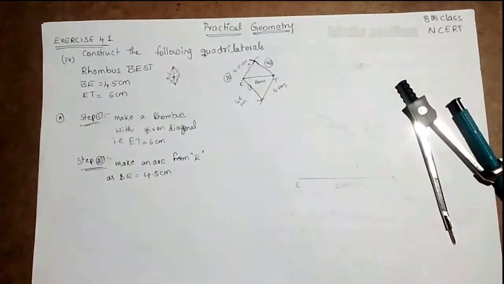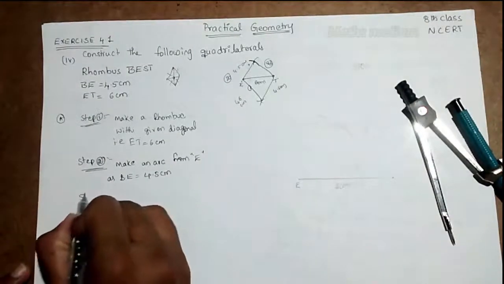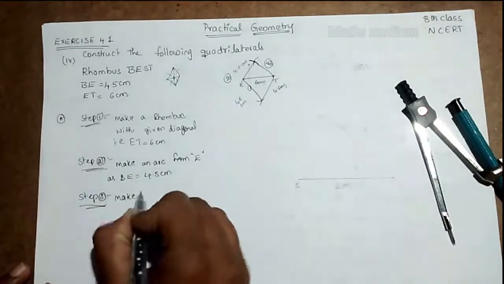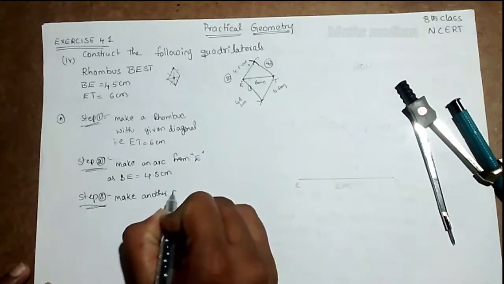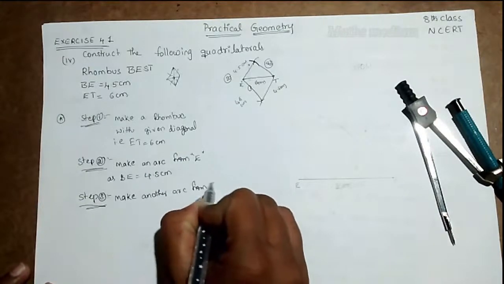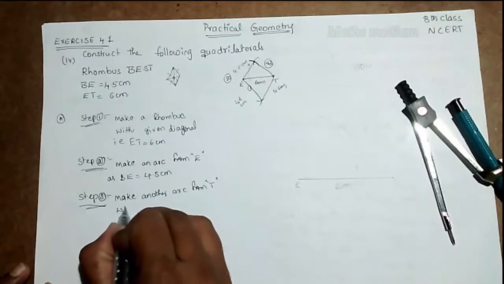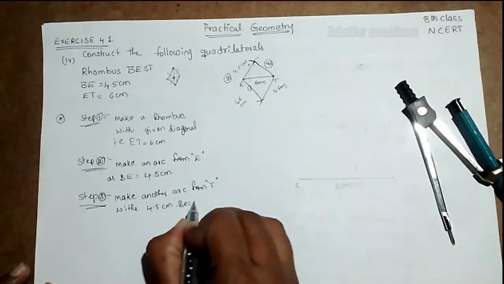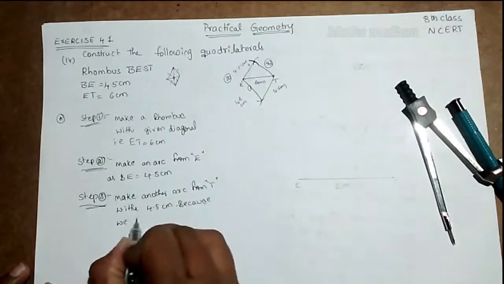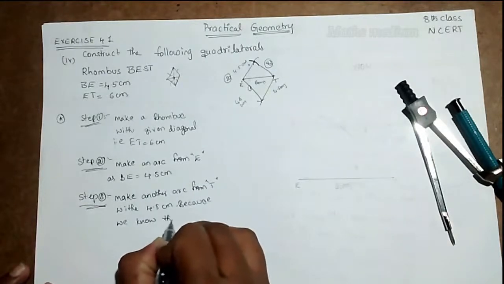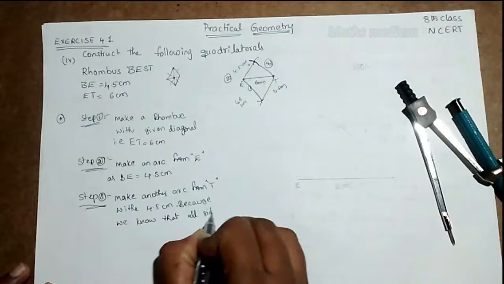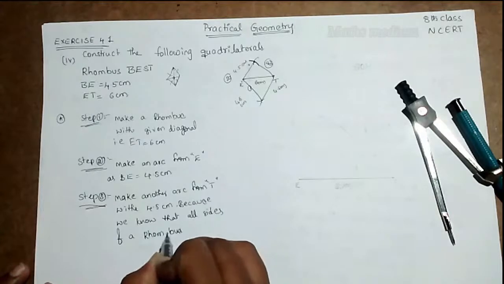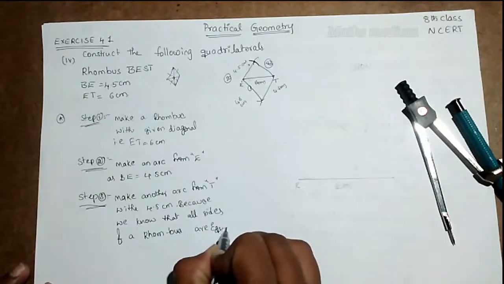Next, coming to step 3. Make another arc from T with 4.5 centimeters, because we know that all sides of a rhombus are equal in length.